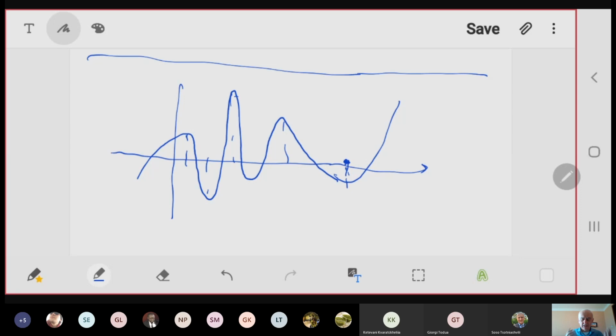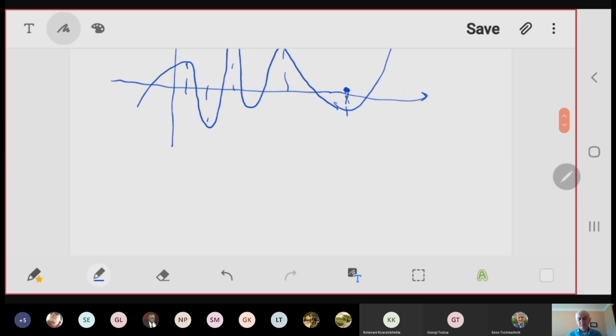So I think geometrically it's easy to explain.